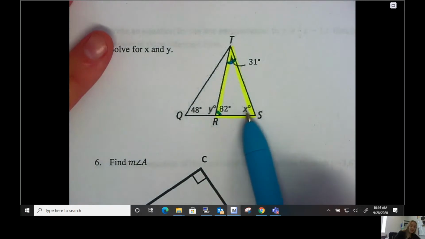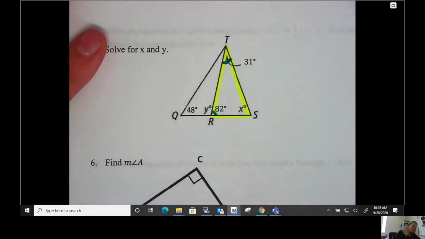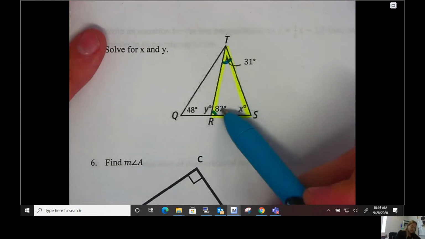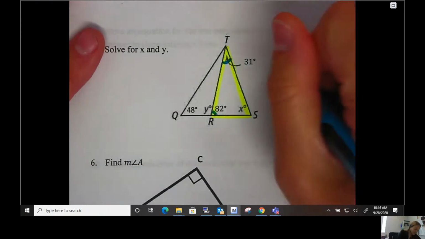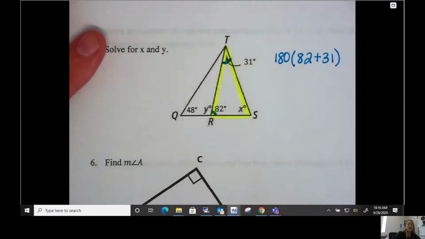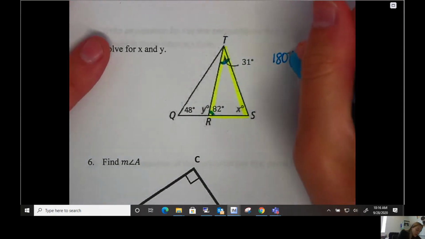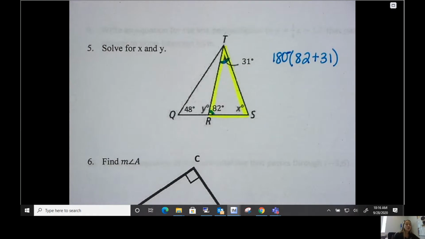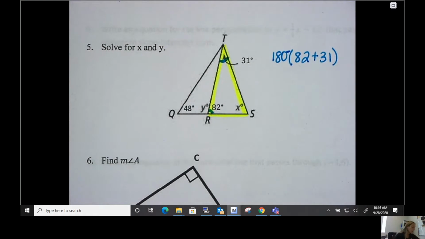To figure out this angle over here, x, all I have to do is add these two together and subtract from 180, because I know in total it should be 180 degrees. If I subtract those two from 180, then it should give me what's left over.